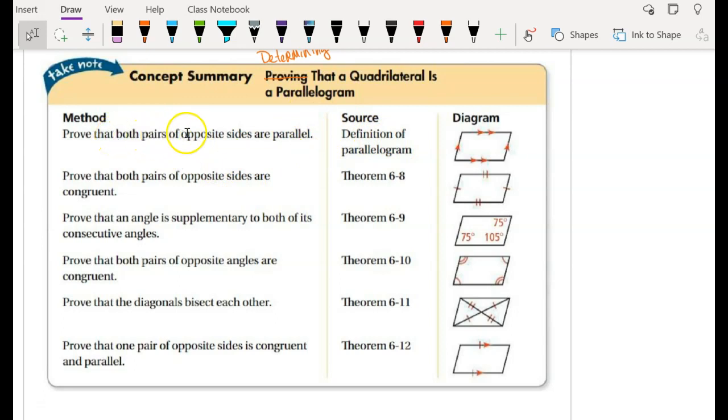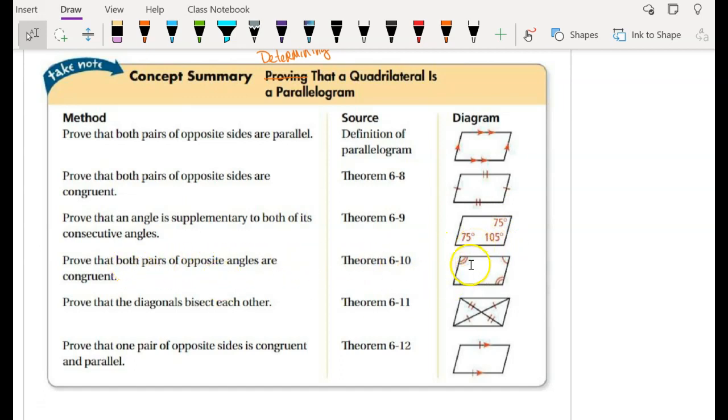If both pairs of opposite sides are parallel, you know you have a parallelogram. If both pairs of opposite sides are congruent, then you know you have a parallelogram. If an angle is supplementary to both of its consecutive angles, then you have a parallelogram.